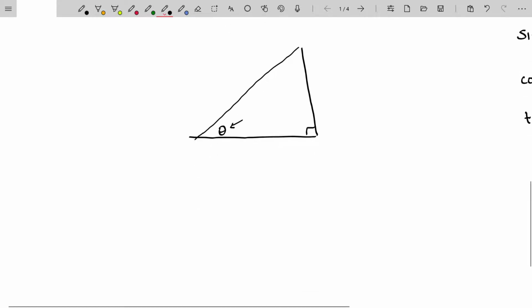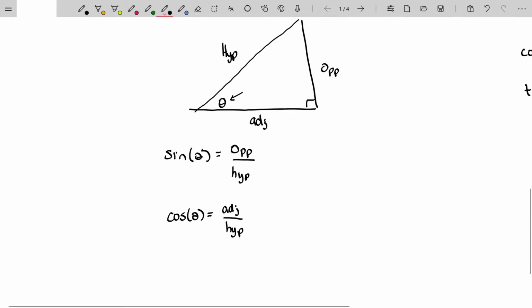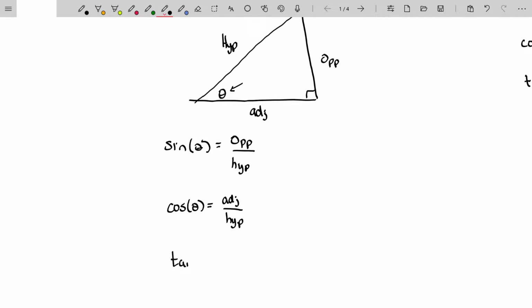And we define the sine of that angle to be opposite over hypotenuse. And the cosine of that angle is defined to be adjacent over hypotenuse. This is the adjacent side to that angle, hypotenuse. And then the tangent of that angle is defined to be opposite over adjacent.